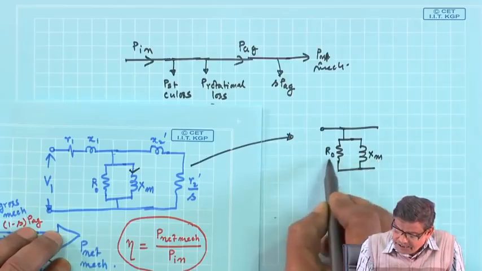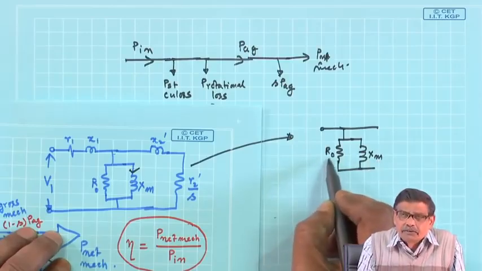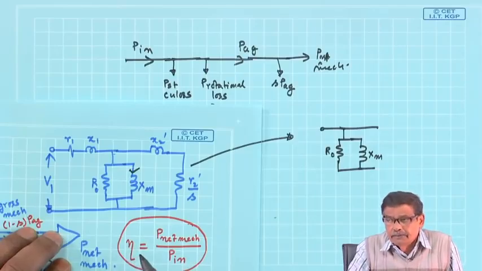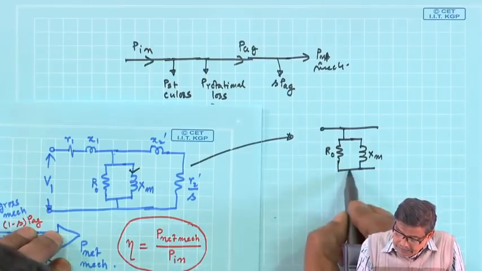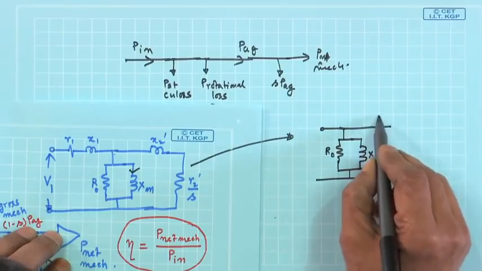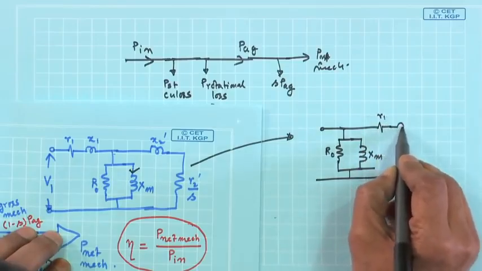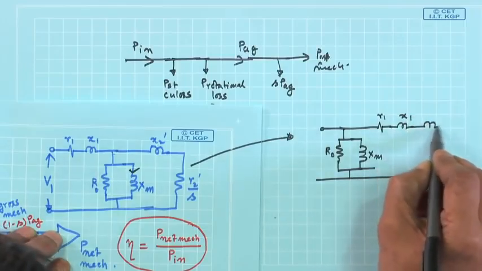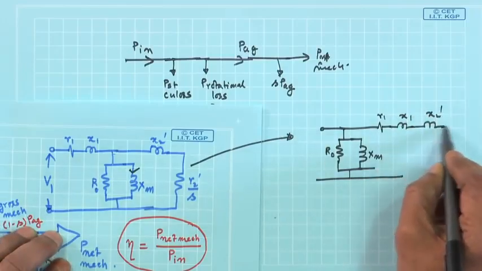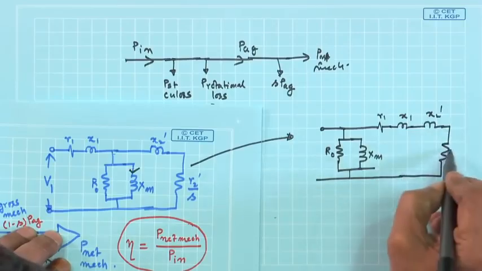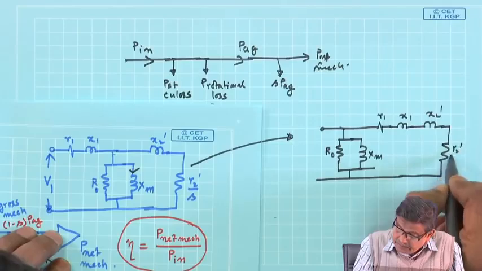That is why I am writing R0, not RCL core loss, because it will take care of the mechanical loss as well. Then you say this is R1 and this is X1. Then this is quite familiar in a transformer, and this is R2 dashed by S.